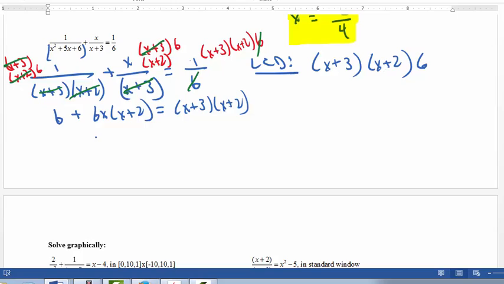So now, I mean, this is not terrible. It's just going to be a good amount of work. So you got to distribute this 6x. So this is 6x squared plus 12x. And then this is going to be x squared plus 5x plus 6.